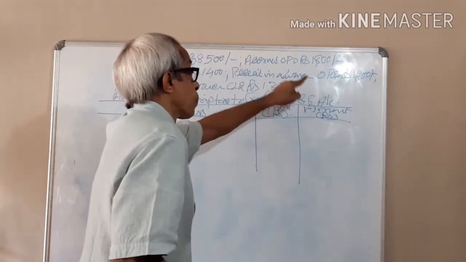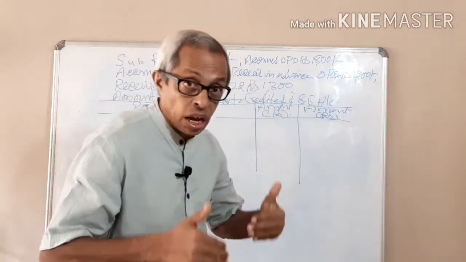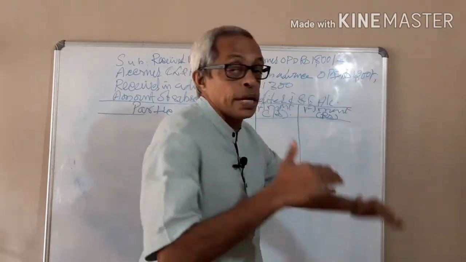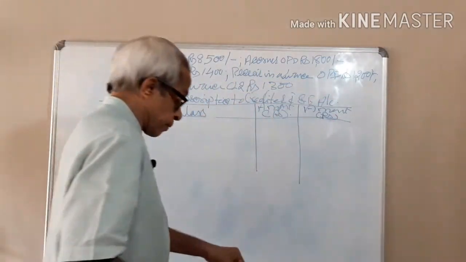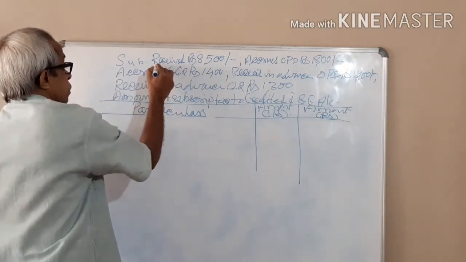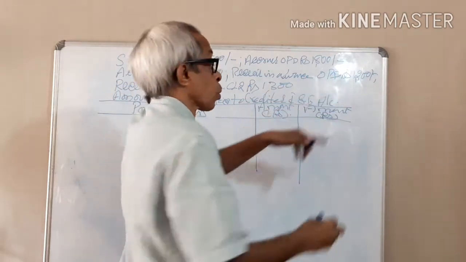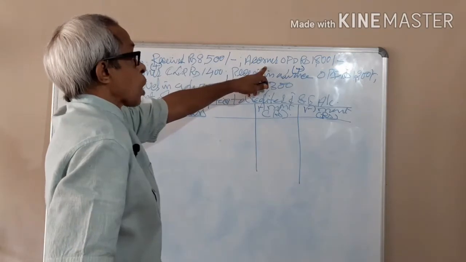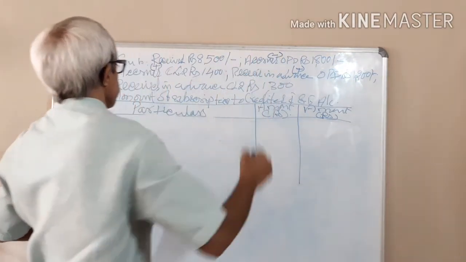Therefore, the opening balance of subscription received in advance is of current year. Therefore, that much amount, that is 1,200, should be added. So, two items should be added. First one is subscription accrued on the closing date, and the subscription received in advance on opening date should be added. And the subscription accrued on opening date should be deducted.